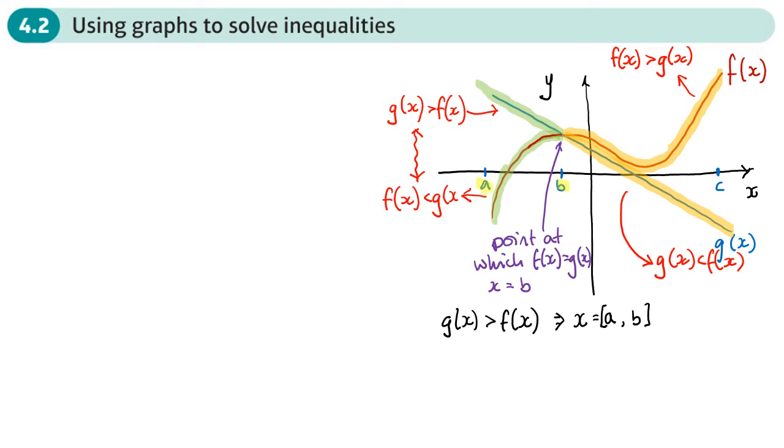And then between b and c. Actually, because these graphs go on forever, I could say from b up to infinity, but I'm just going to be looking at the values I've got here. So f of x is greater than g of x on my little sketch for the set of values from b to c.